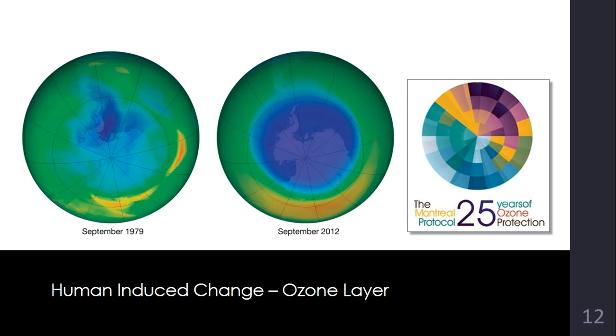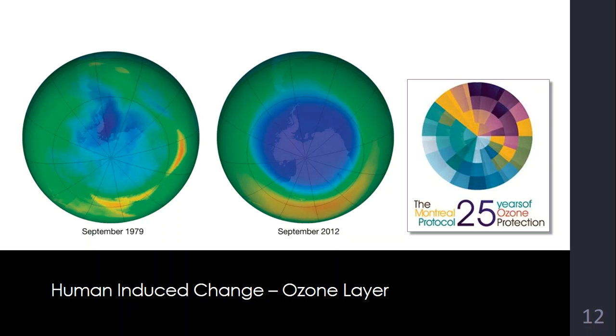We also have human-induced change to the ozone layer. We used to release a lot of something called chlorofluorocarbons, especially in the late 70s, early 80s, and that was eating a hole in our ozone layer, which again protects us from a lot of really bad UV radiation.